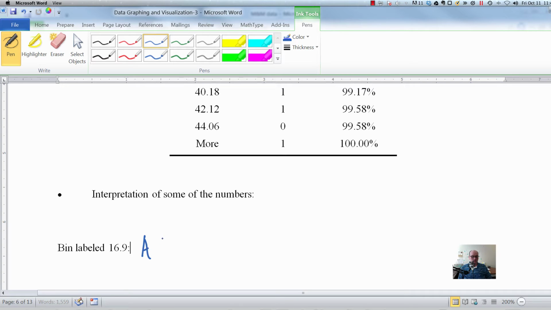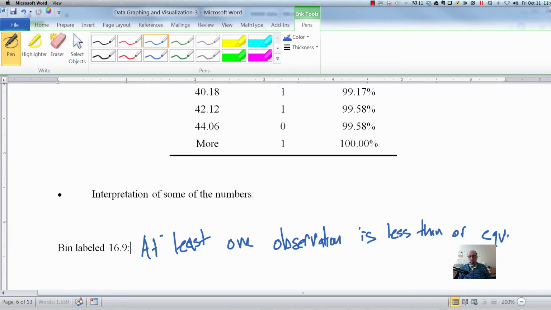It means that at least one observation, in this case a pizza observation, is less than or equal to 16.9.